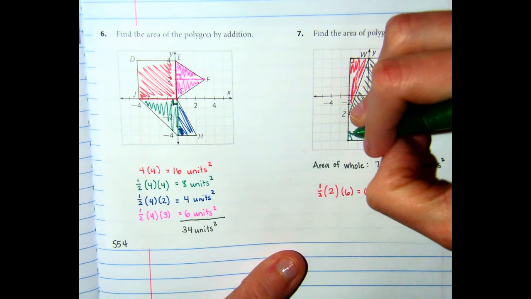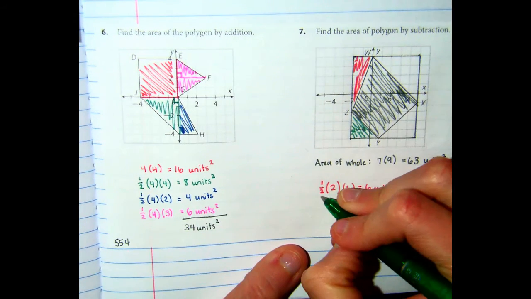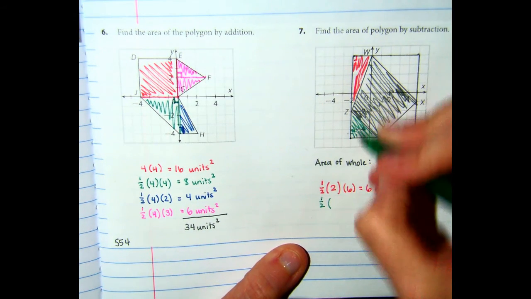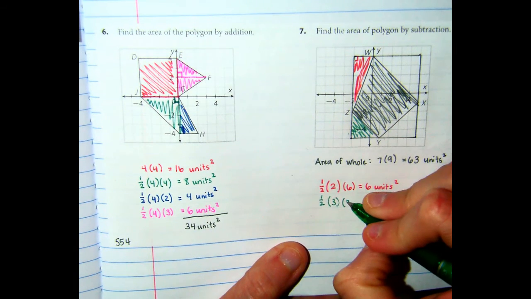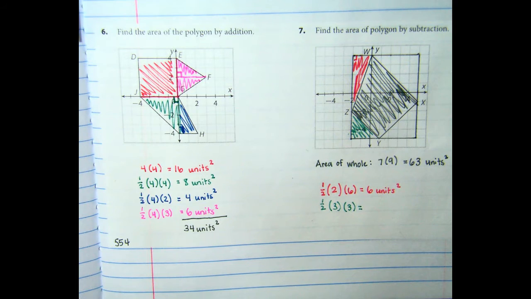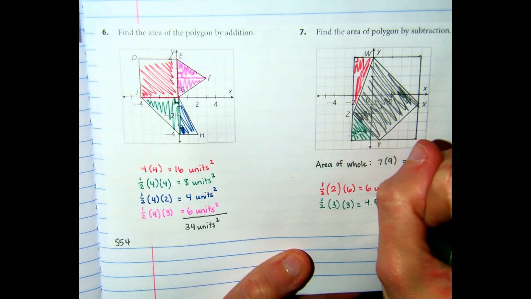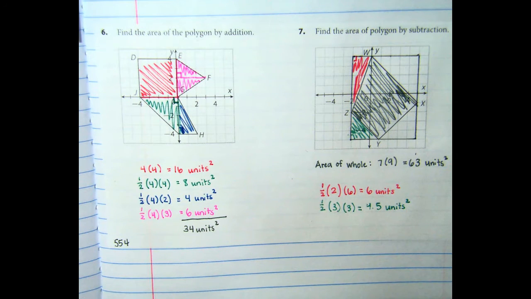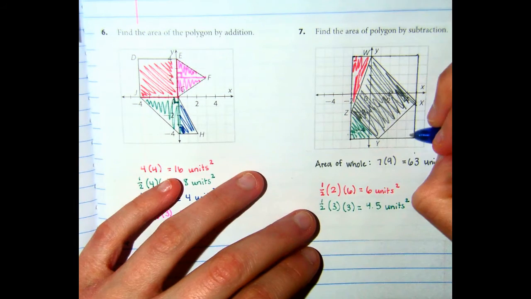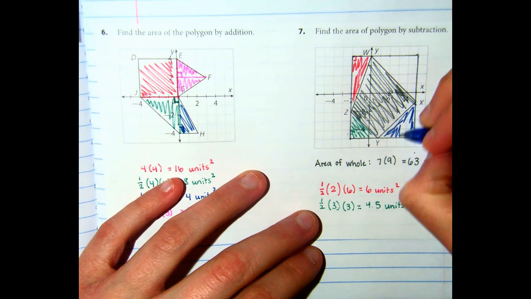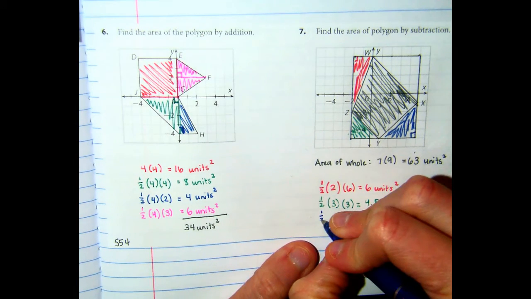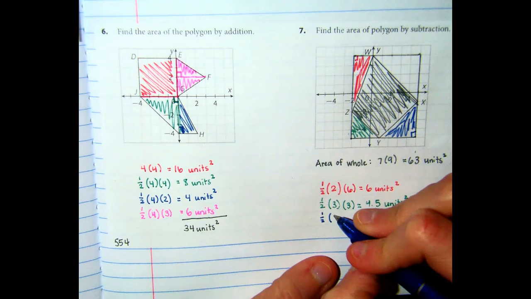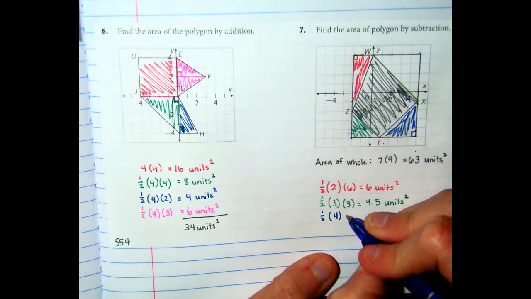Alright, again, right triangle. So 1/2 times 3 by 3, I've got 4.5 units squared. Okay, keep going. I've got another right triangle. So 1/2 times 1, 2, 3, 4 by 1, 2, 3, 4.